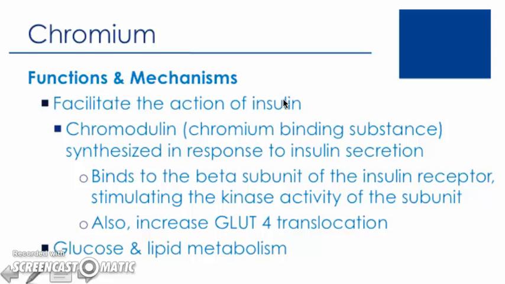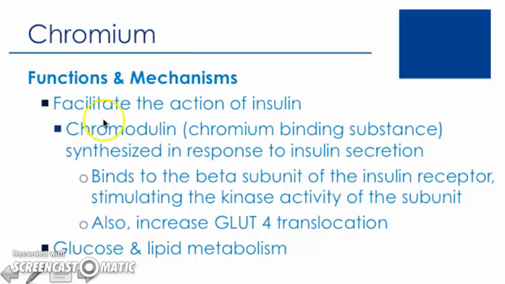A key outcome that we've discussed previously is the translocation of GLUT4 channels to the cell membrane. This is a result of insulin binding to the insulin receptor. It initially will promote a signaling cascade within the cell, which then will lead to the translocation of GLUT4 channels to the cell membrane.